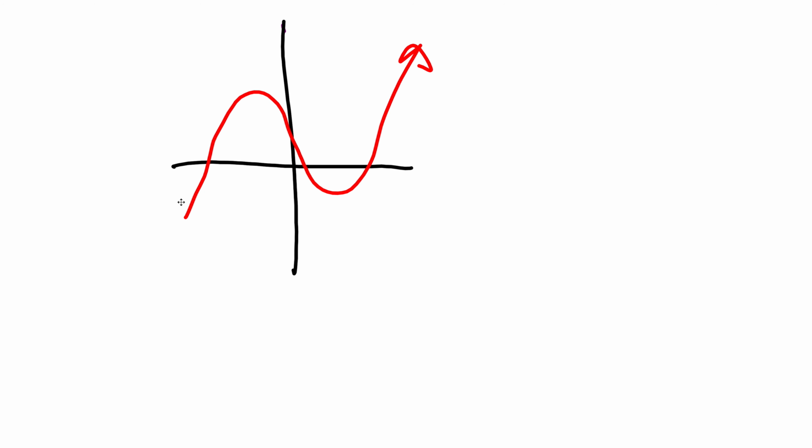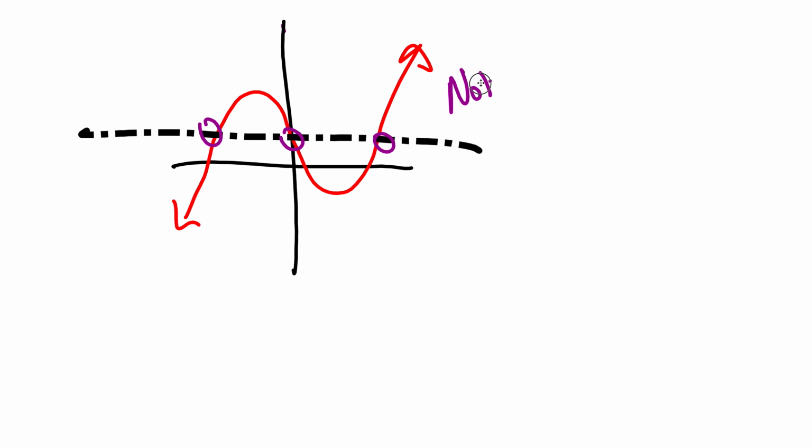For instance, if you were looking at a function that looks like this, a cubic, you draw up your horizontal line, or you can just visualize it, and this fails miserably. Not invertible. Oh, there's an L in there. See, that's an L? Okay, that's a mess.